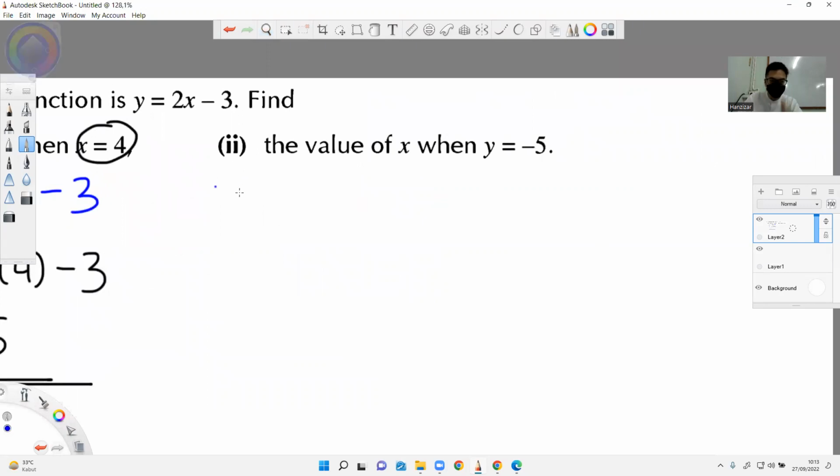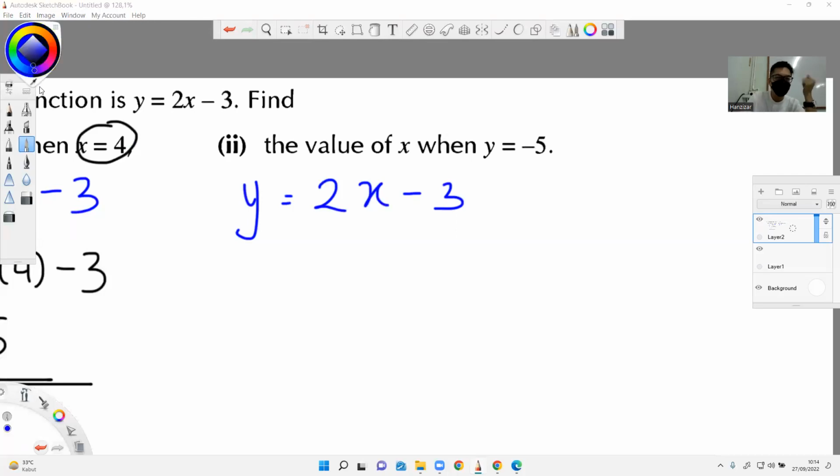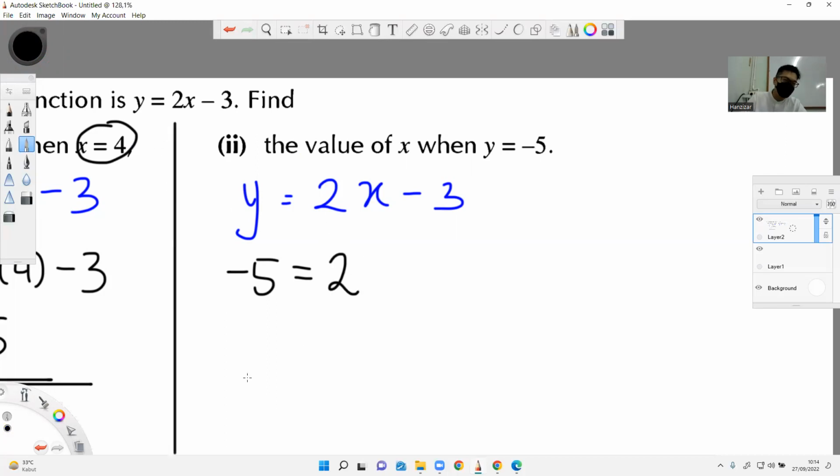Now, next. y equals 2x minus 3, and y is negative 5. So how do you do this? You put y as negative 5. That's it, change the y to negative 5. That's all you need to do. What is x then? Unknown, right? Because part 1 and part 2 are disconnected.